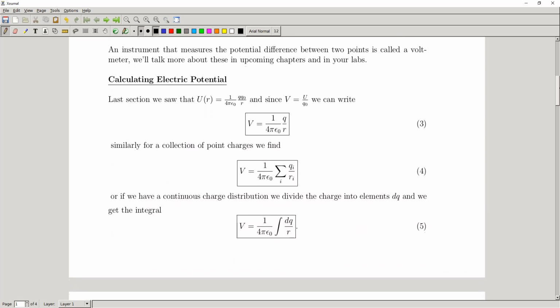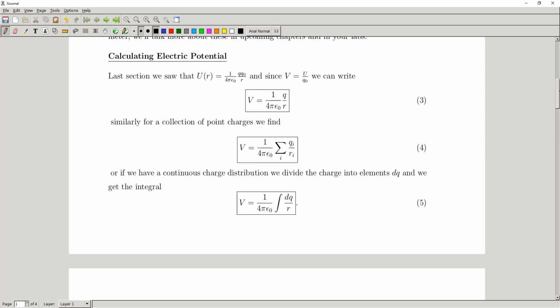Okay, so we're going to be interested in calculating electric potential, or potential. In the last section we saw that our potential energy can be written as we see here. And we can simply define the electric potential, or our potential V, by dividing out the test charge.